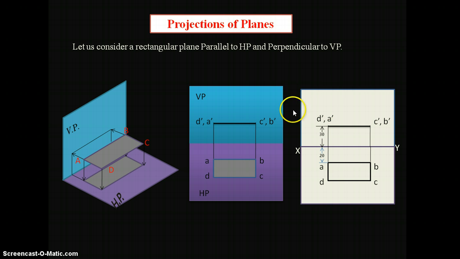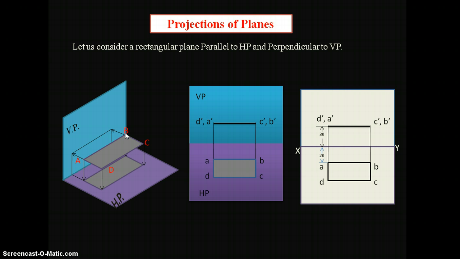And here again remember the preference for giving the naming D dash and A dash. Why are we giving D dash and A dash? In the front view, first we can see D dash, and A will be at the back of D. So first preference we have to give to D. That's why D dash, A dash. Similarly, why C dash, B dash? First we can see the C point, and at the back of C the B will be.